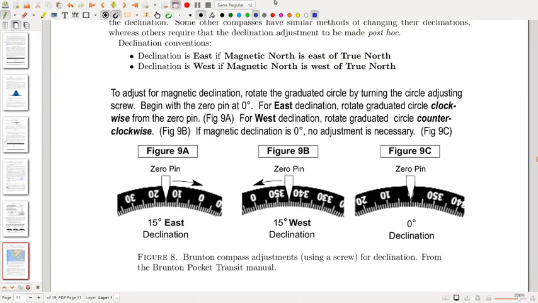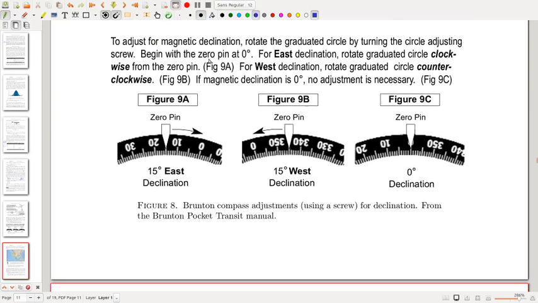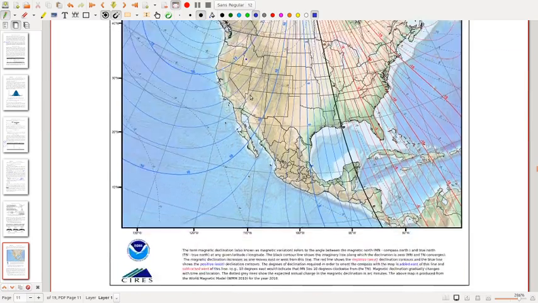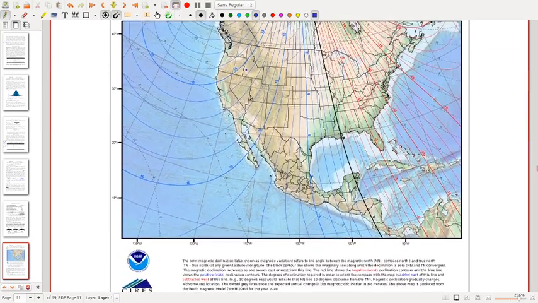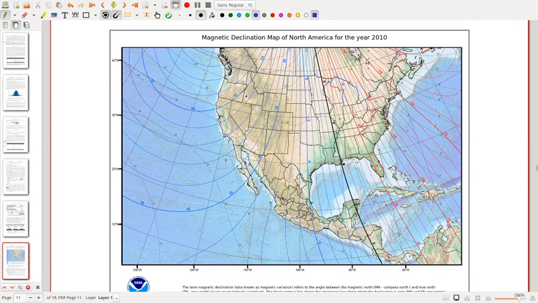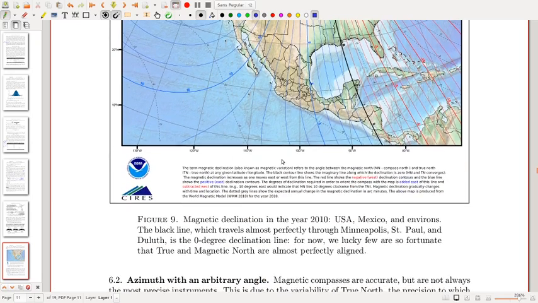So the declination is east if magnetic north is east of true north. Declination is west if magnetic north is west of true north. And so over here, the negative ones are for west. Positive ones are for east, and you can actually just go down here and read that.